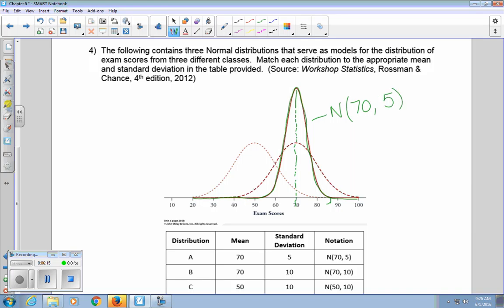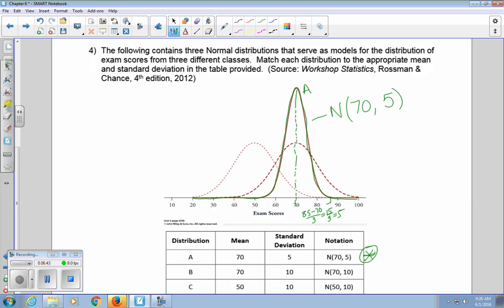Using the empirical rule again, 85 minus 70 divided by 3. So the green normal curve looks like it has a mean of 70 and a standard deviation of 5. That corresponds with class A, so we can label that one A.